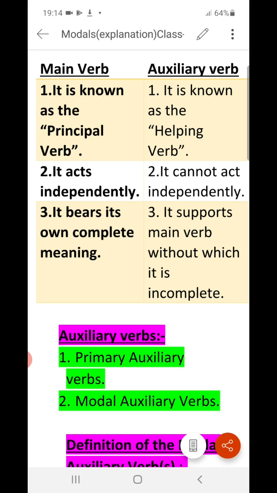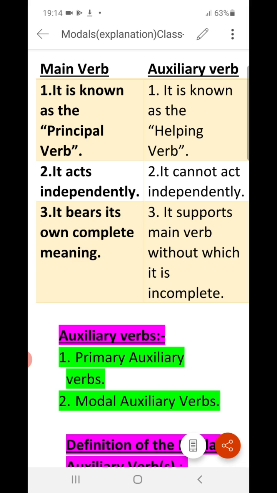So, the auxiliary verb basically has its own work of helping the main verb in a sentence. So, unlike main verb, it cannot bear its own meaning.